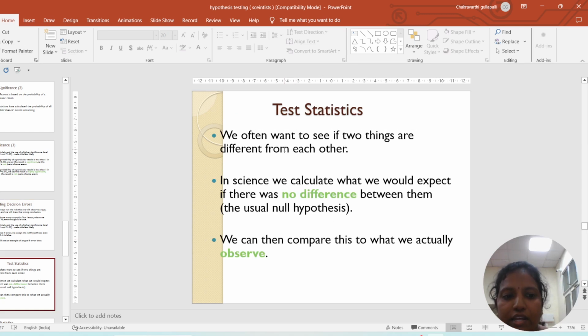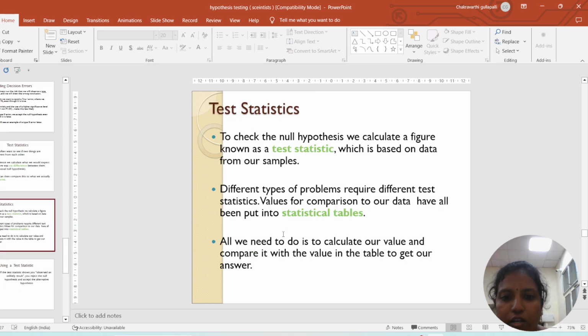The other one is test statistics. We often want to see whether two things are different from each other. If there is no difference between the values, that is the null hypothesis, and where there is any difference between the values, you have to take the alternative hypothesis. The test statistics are based on the data in your samples, and different types of problems require different test statistics.